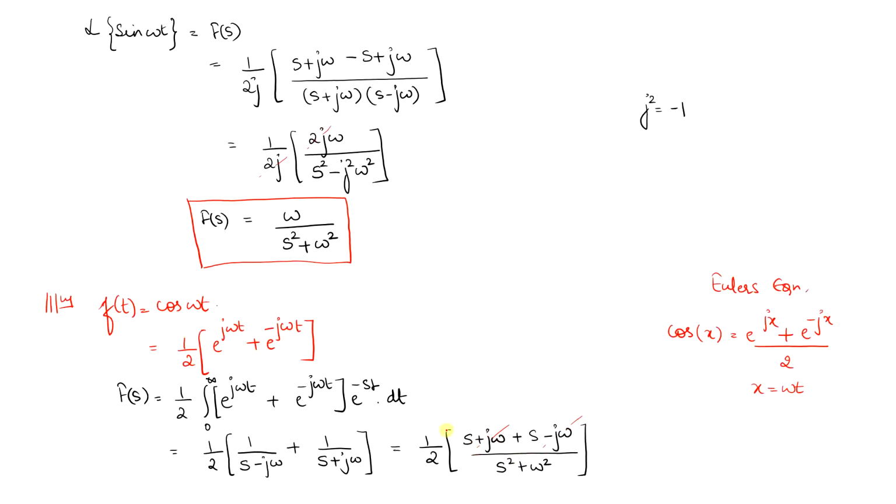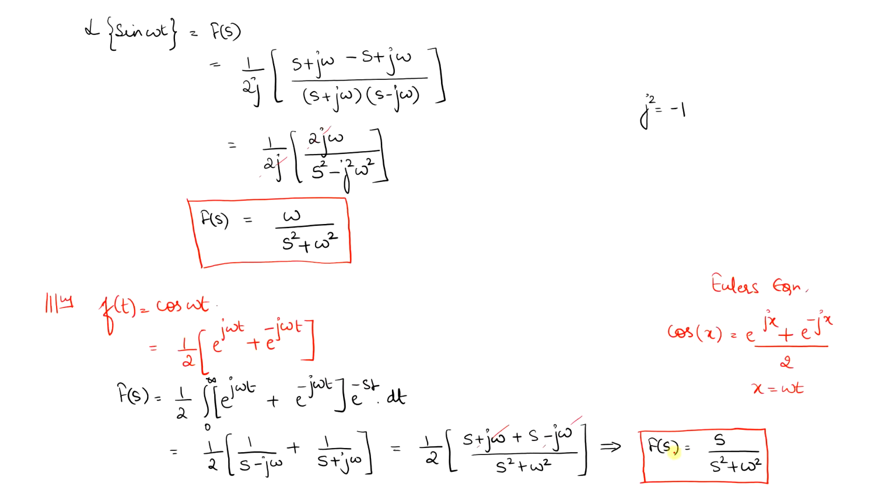You have 2 here, s here, and there is a 2 here, so you can see that 2 and 2 get cancelled, and finally you get f of s equal to s divided by s square plus omega square.